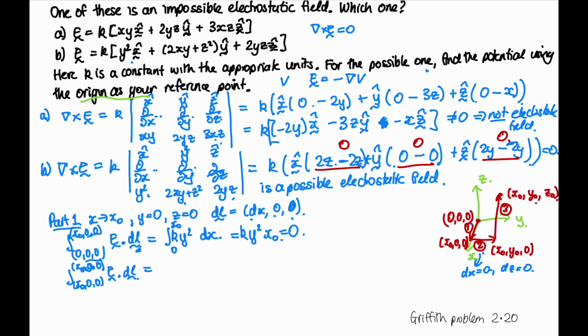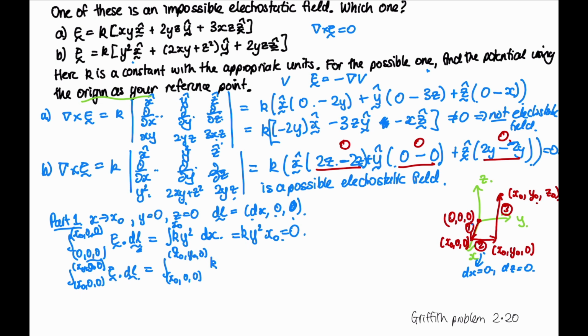So in this case, we can write that this is x0, 0, 0 to x0, y0, 0. And we've got k times 2xy plus z squared dy. And so this is equal to k times, what will this be, x y squared plus z squared y.